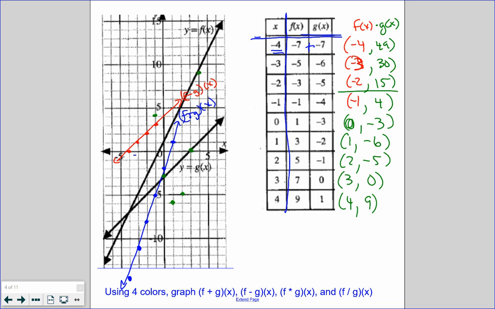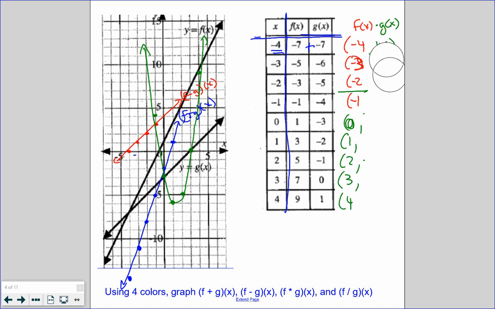So this one looks something like it's a quadratic. Okay. So just because you start out with line graphs doesn't mean you always end up with line graphs. There actually really is no rhyme or reason to the shapes that you end up with. You just kind of have to take it on a case-by-case basis.